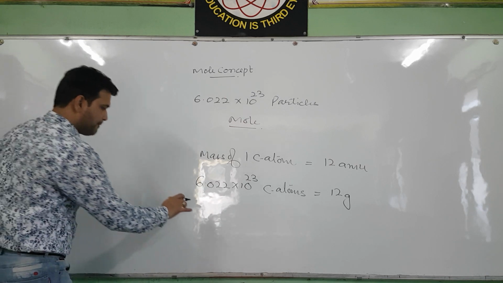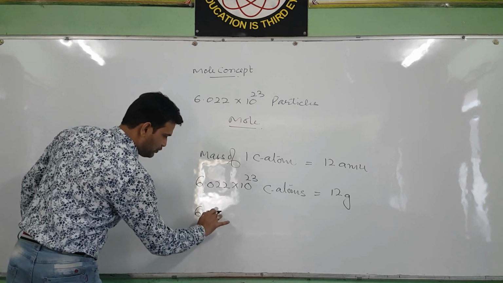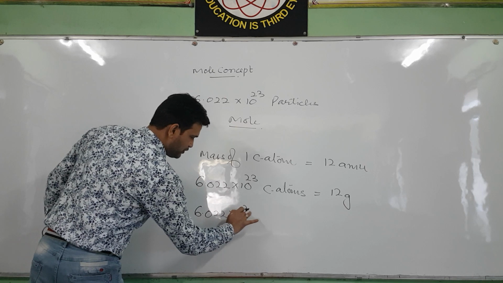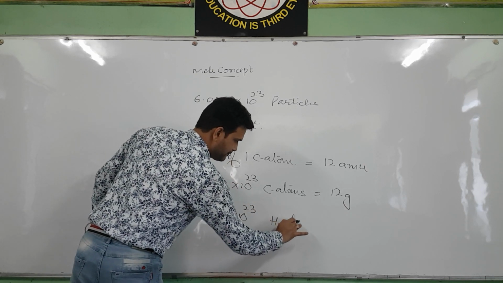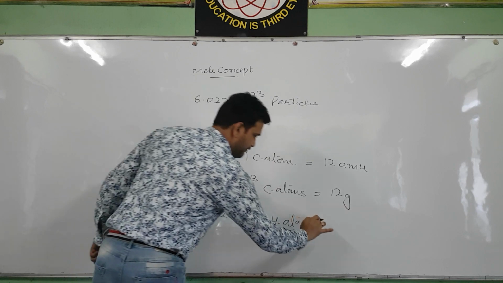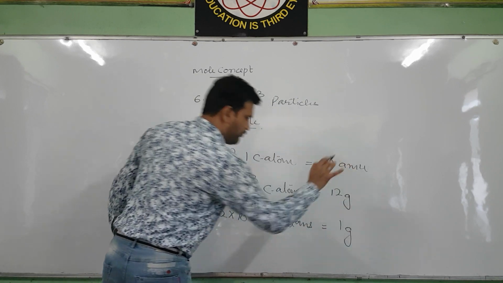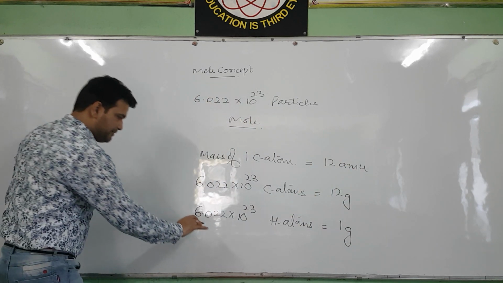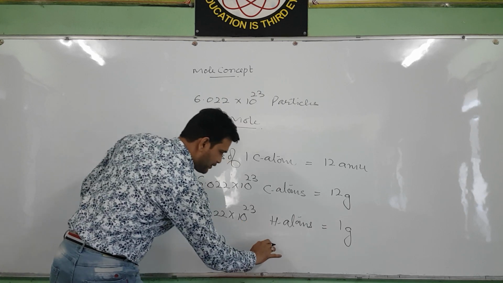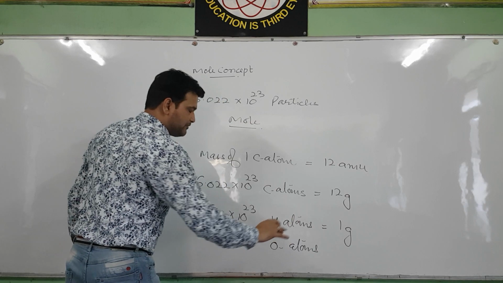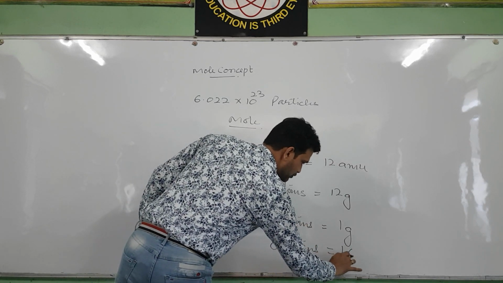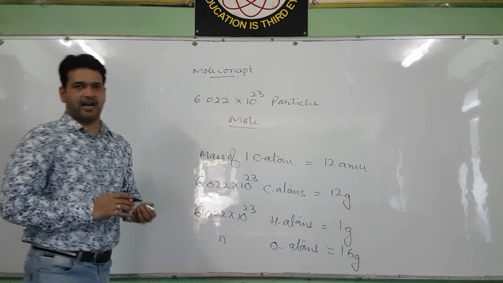For example, 6.022 into 10 raised to the power 23 H atoms will be equal to 1 gram. The same number of O atoms will be equal to 16 grams.